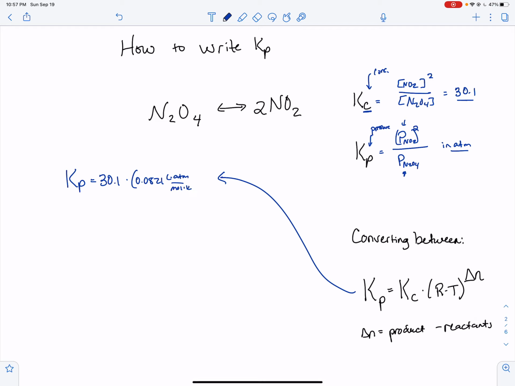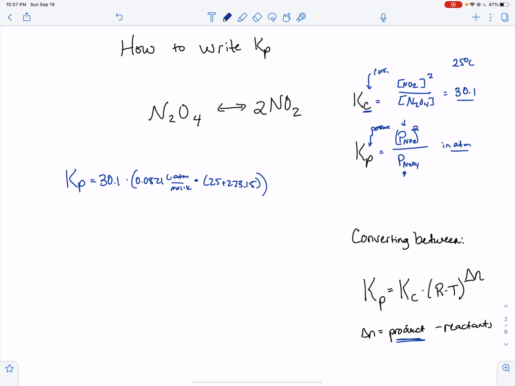And then your T value is going to be in Kelvin. Let's say that this value here was 25 degrees Celsius. That's not going to be the right value, but let's just say it is. You're going to need to make sure that you put it in Kelvin. And then the whole thing is raised to delta n.